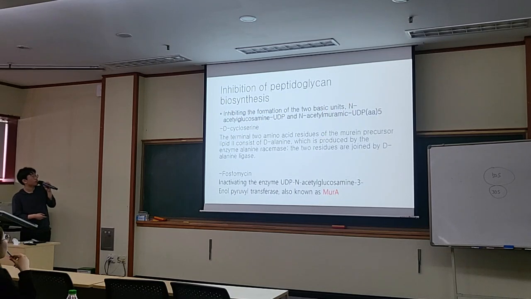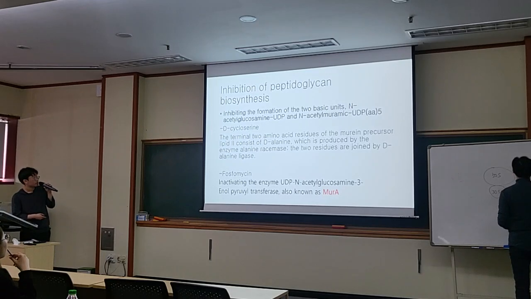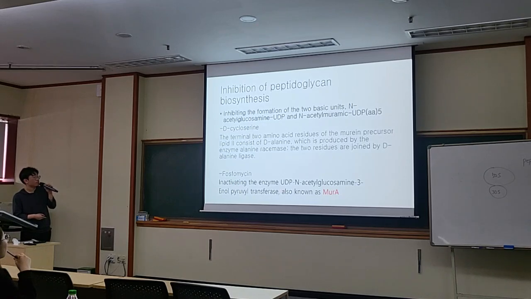It consists of D-alanine, which is produced by the enzyme alanine racemase. And phosphomycin is inactivating the enzyme UDP-NAG enolpyruvyl transferase, and it is also known as MURA.